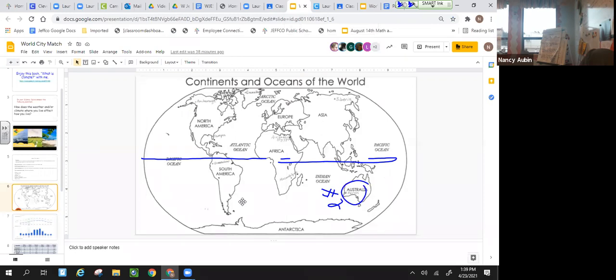Does anyone know why it would be cooler in the summer months? Why do you think? Near the ocean, but so is Florida near the ocean, and that doesn't happen there. Sawyer, what do you think? Why would Australia be cooler in our summer months? Look at where it's located.